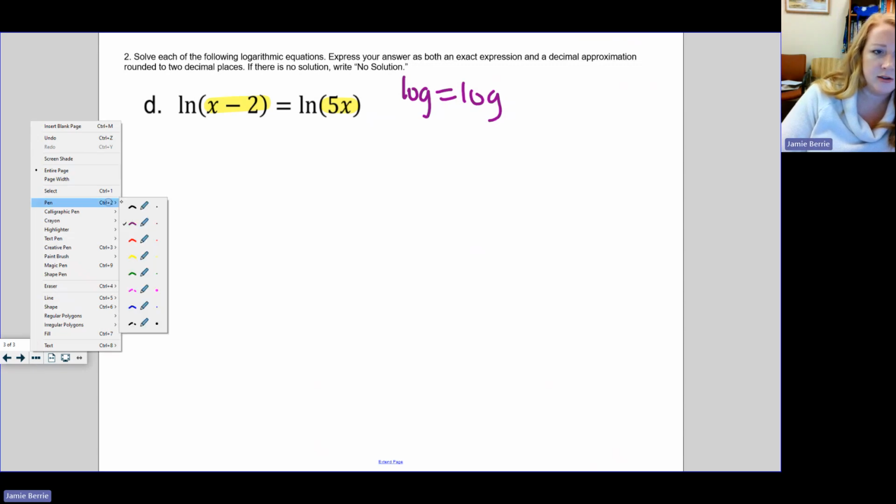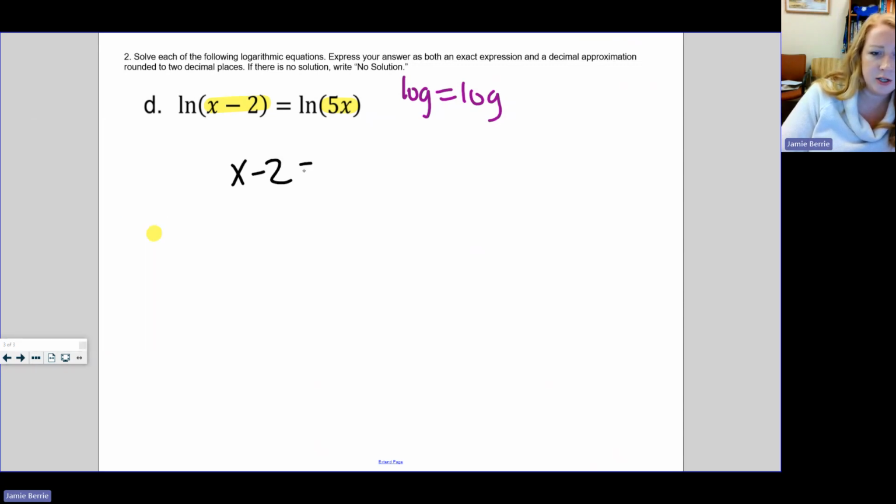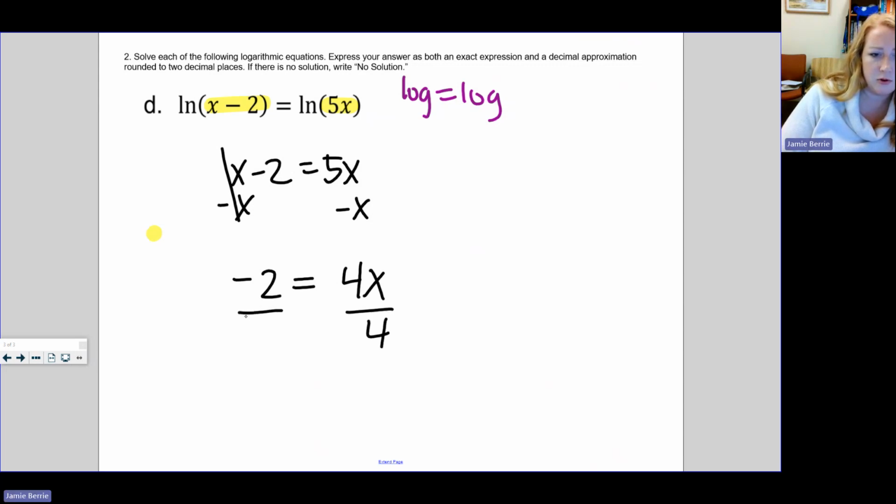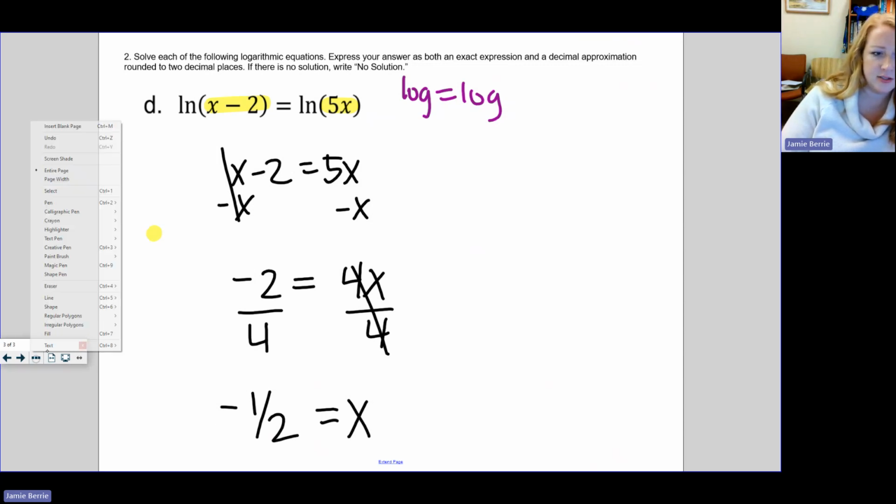So we get x minus 2 equals 5x. I'm going to move this x over. Negative 2 equals 4x. Divide by 4. x equals negative 1/2. Now let's see if that is going to be okay if I plug it in.